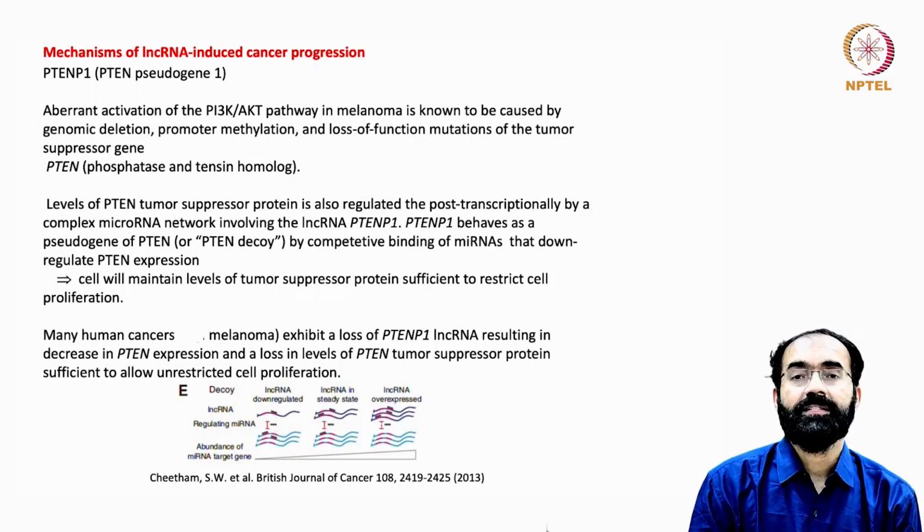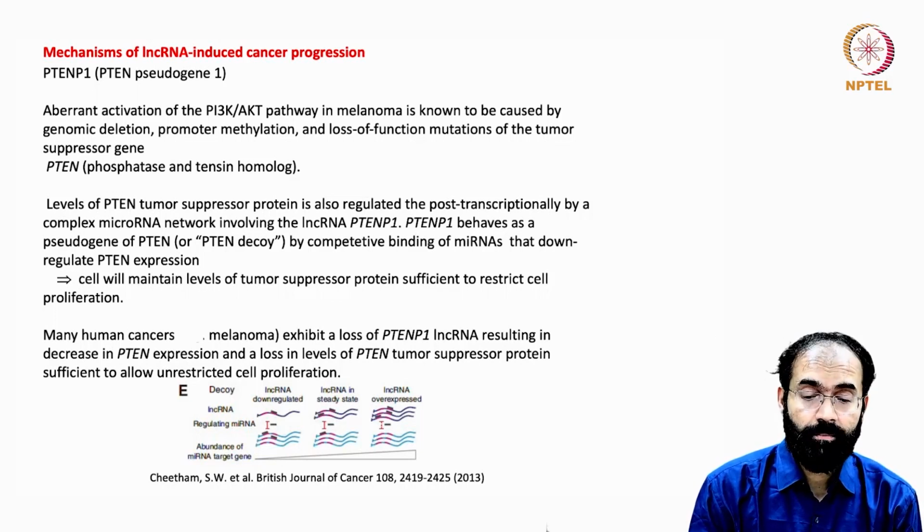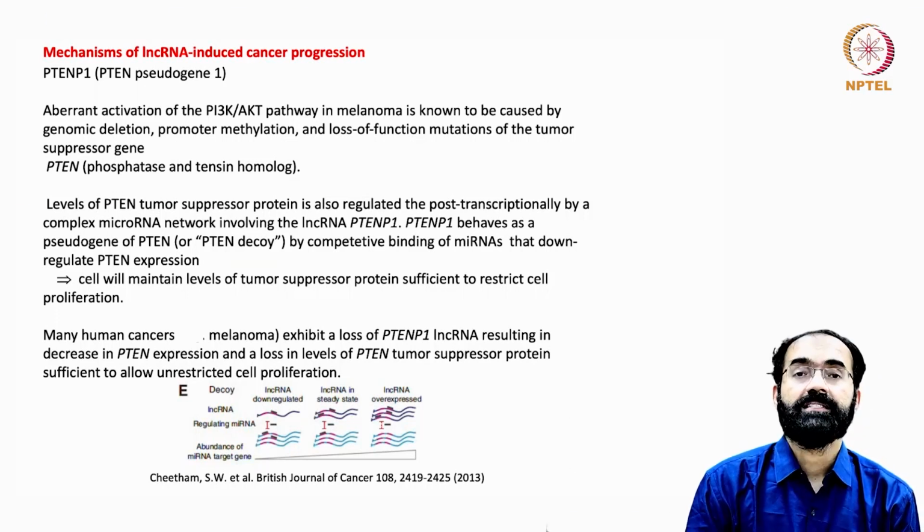They exhibit a loss of PTENP1 long non-coding RNA, resulting in a decrease in PTEN expression, and a loss of levels of PTEN tumor suppressor protein is sufficient to allow unrestricted cell proliferation.